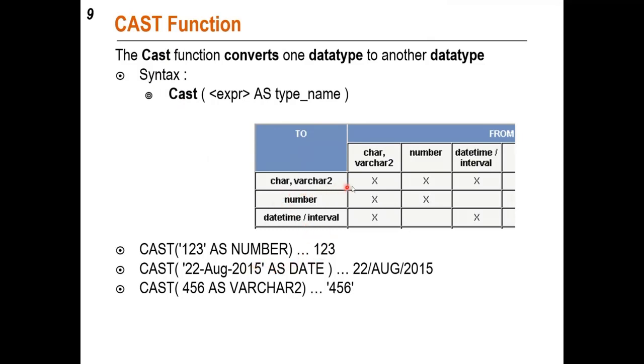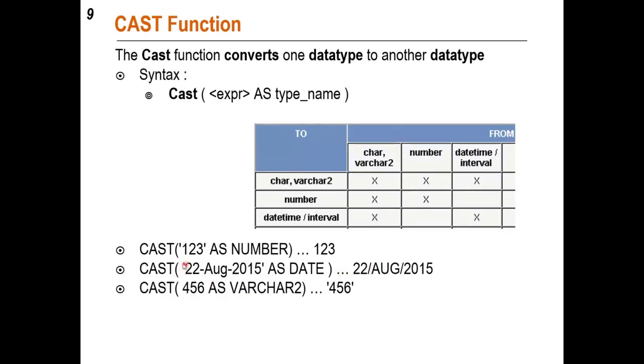Cast can convert characters to numeric, numerics to characters, even characters to date or datetime type data, and date type data can be converted back to character type as well, and even datetime character type data can be converted to a different datetime character type. So this is also a powerful function. I have used it several times in some applications.